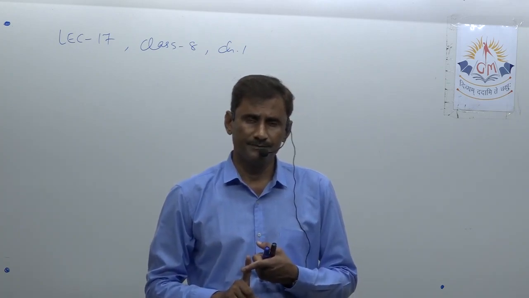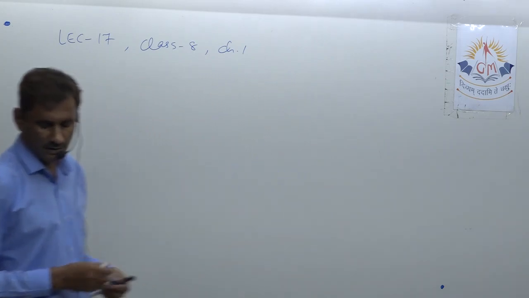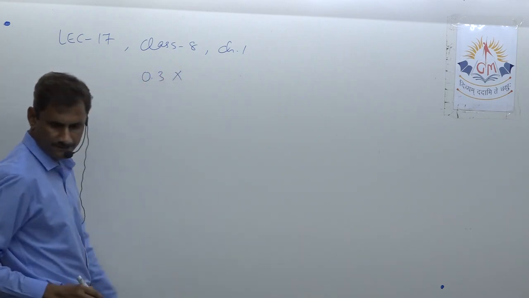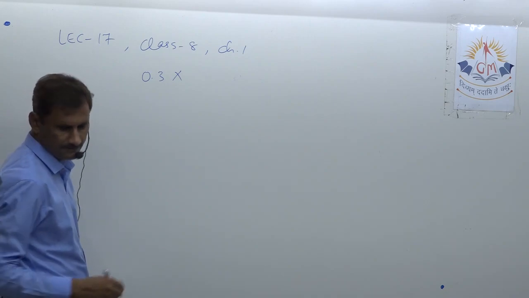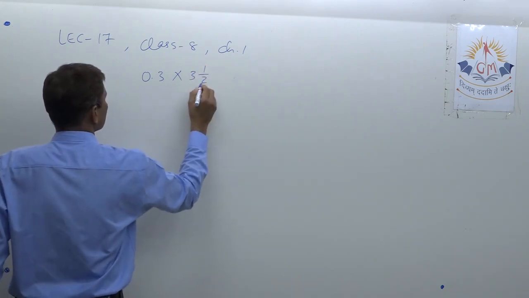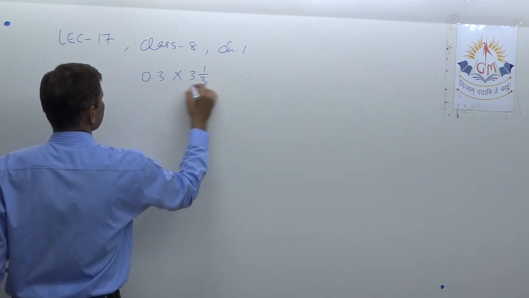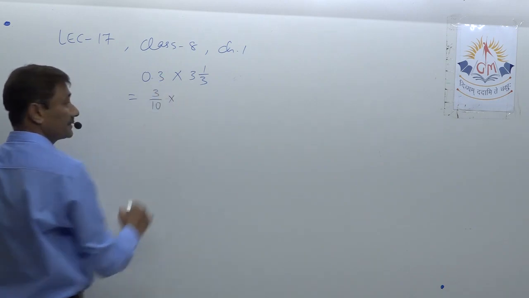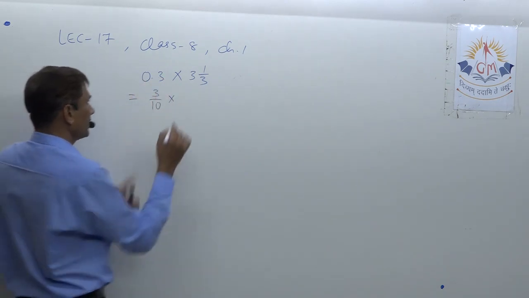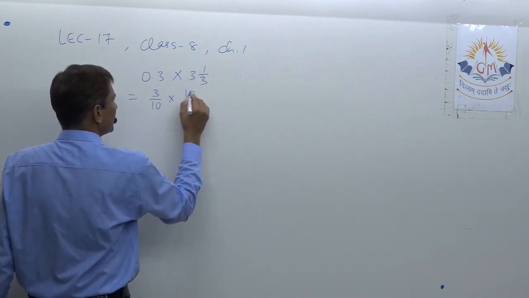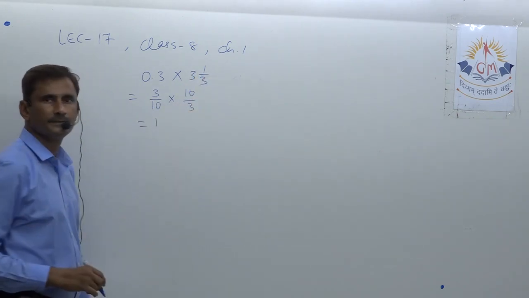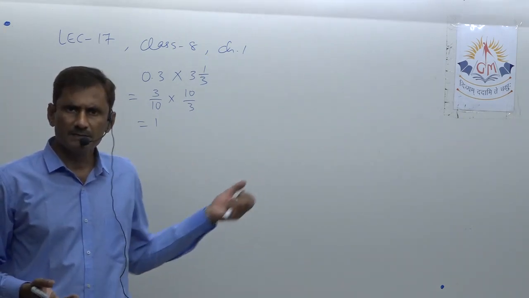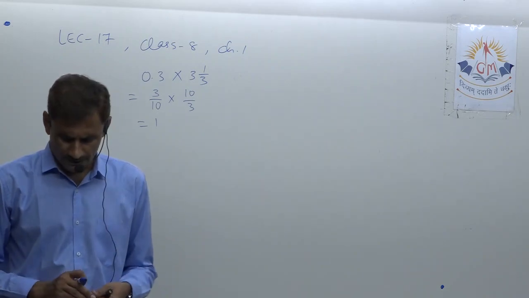So let's do it. 0.3 multiplied by 3 integer 1 by 3. Let's see how much it is. It is equal to 3 by 10, because a decimal is converted into a fraction by putting 10 in the denominator. 3 by 10 times 10 by 3 (3 threes are 9 plus 1, 10 by 3) is obviously 1. The explanation or calculation itself is the reason.